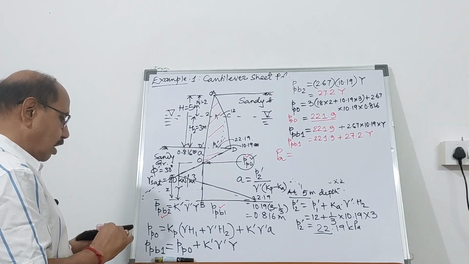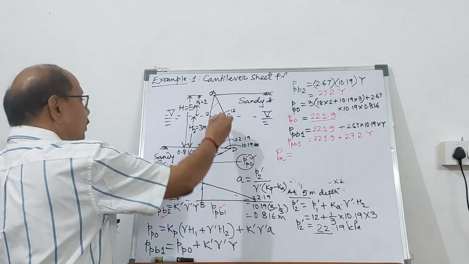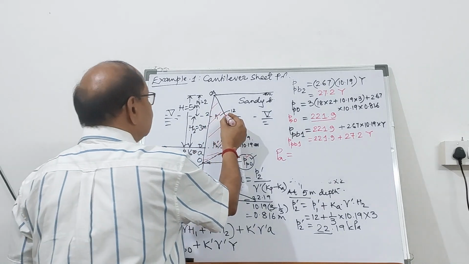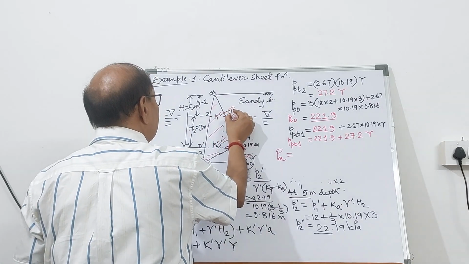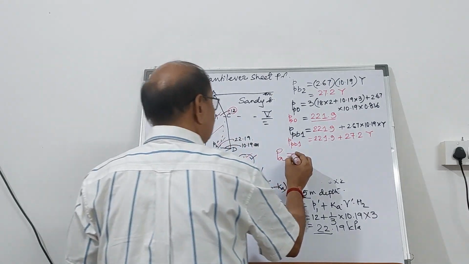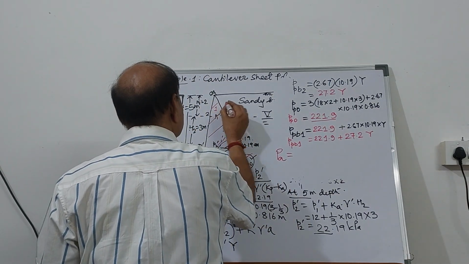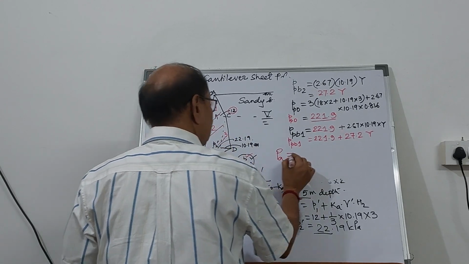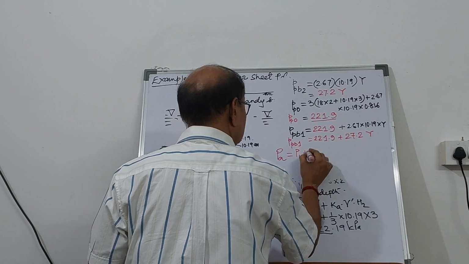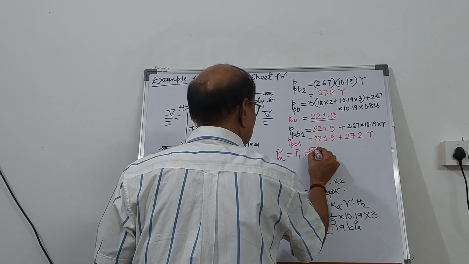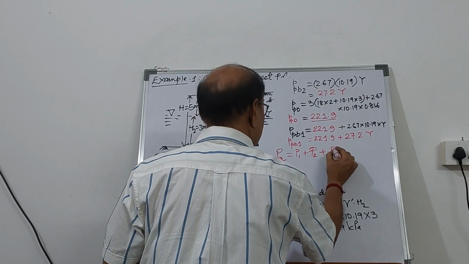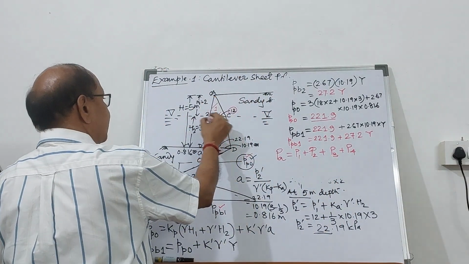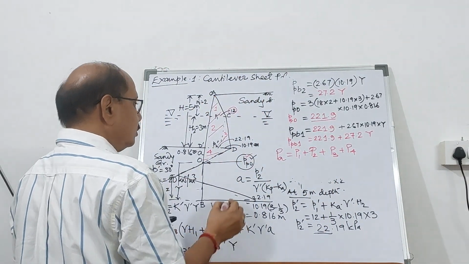So let's calculate now this complete value. The value P1 you have already calculated as 12. If I say this is 1, this is 2, this is 3, this is 4, then PA will be equal to P1 plus P2 plus P3 plus P4. 4 areas, you will have to find out.